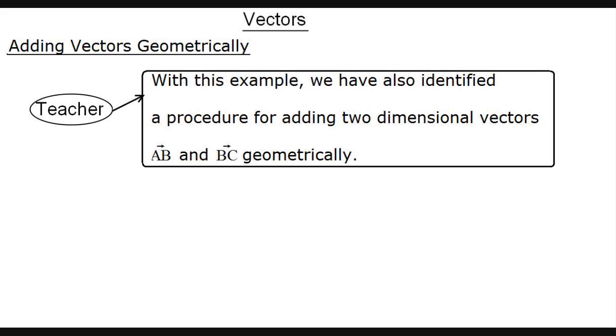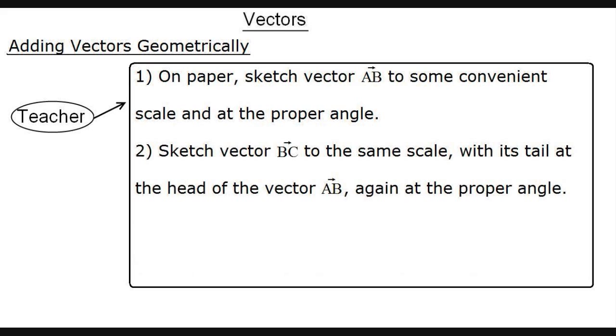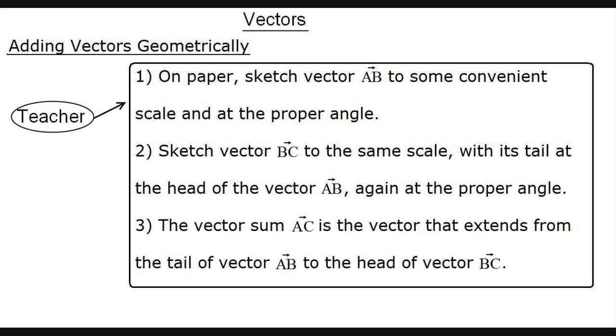On paper, sketch vector AB bar to some convenient scale and at the proper angle. Sketch vector BC bar to the same scale with its tail at the head of the vector AB bar, again at the proper angle. The vector sum AC bar is the vector that extends from the tail of vector AB bar to the head of vector BC bar.